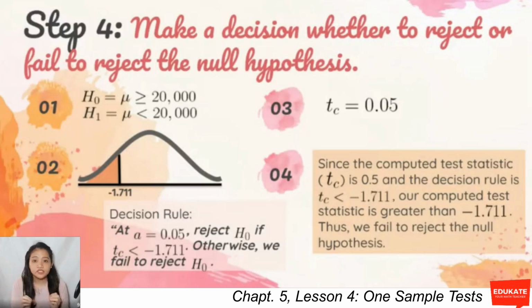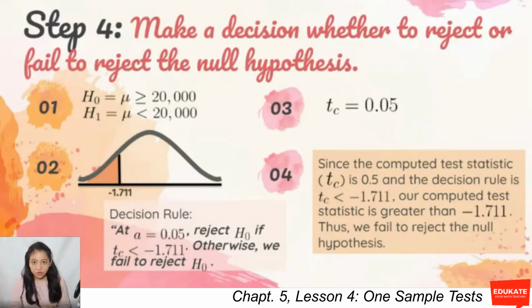So for step 4, we are going to look at the previous 3 steps. Since the computed test statistic, TC, is 0.5, and the decision rule is TC less than negative 1.711, we know that 0.5 is greater than negative 1.711.